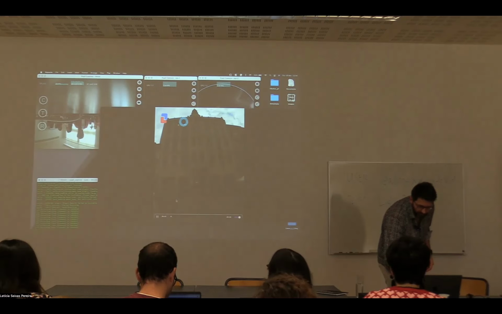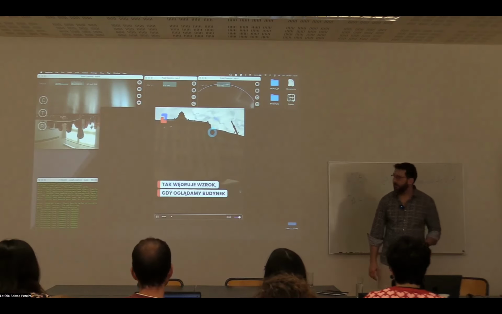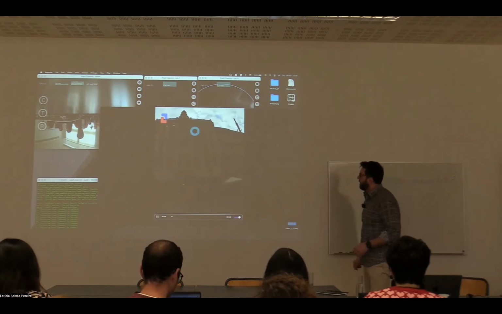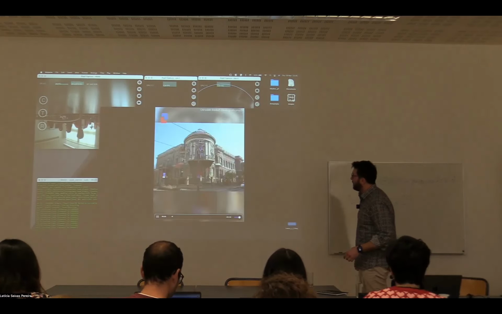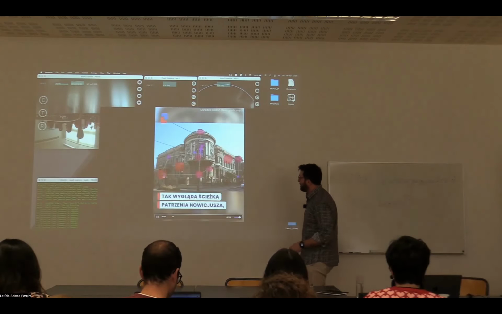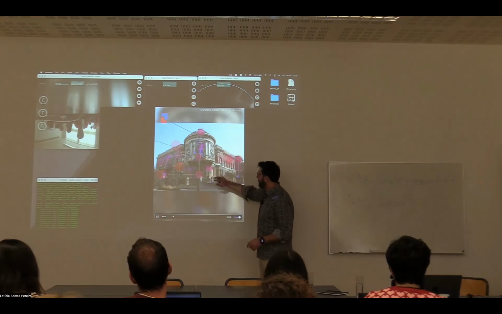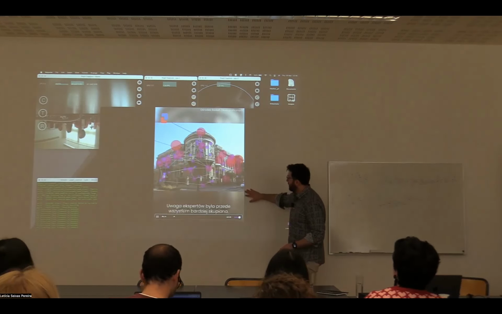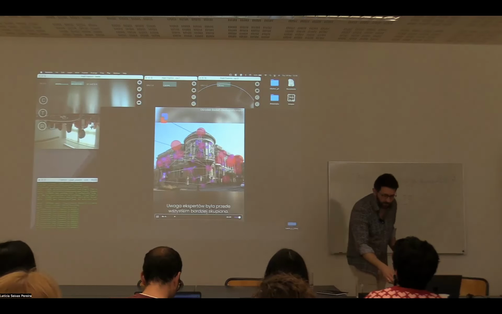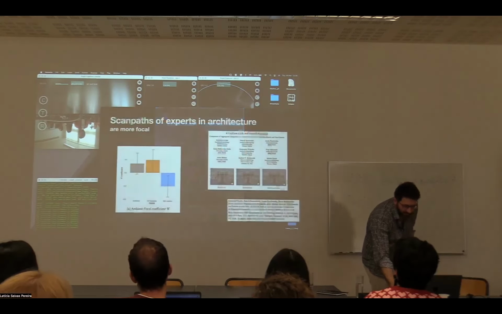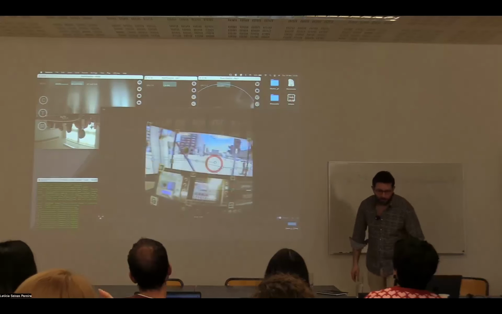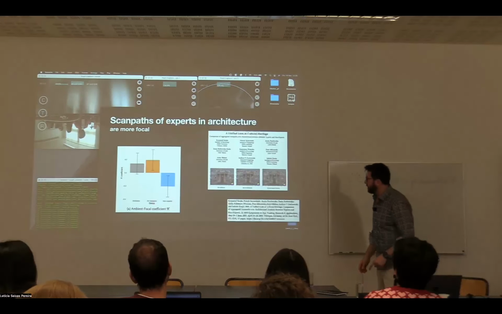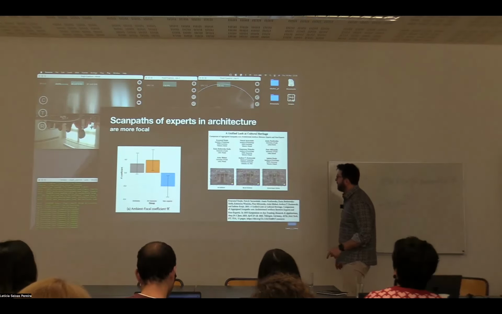So you can see some exemplary eye movements on buildings. This is the non-expert scan path on this building. Okay, let's go on. It's not so interesting. Anyway, if you want to read more, there is an upcoming paper.